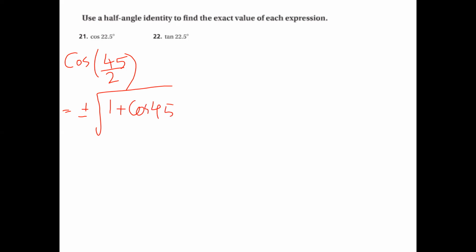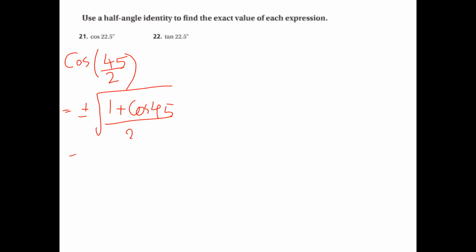Another example now. Use a half angle identity to find an exact value of each expression. Cosine 22.5. I will rewrite it as 45 over 2. Then it is positive or negative square root of (1 plus cosine 45) over 2.